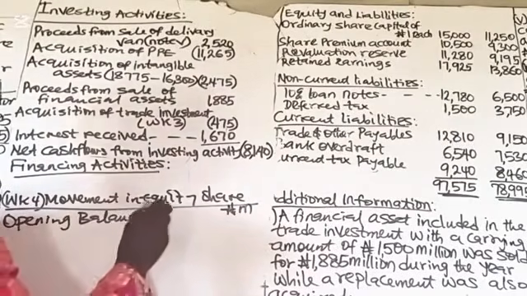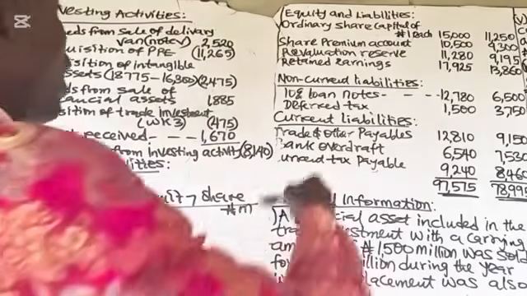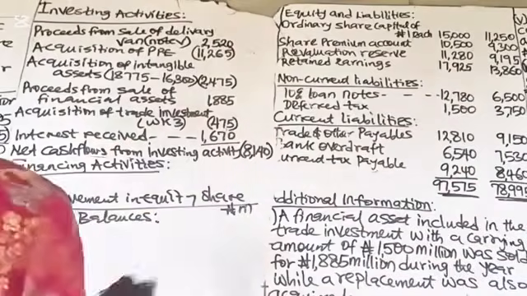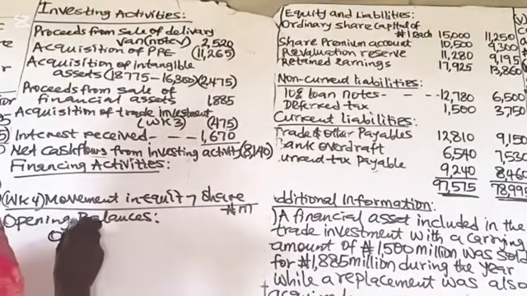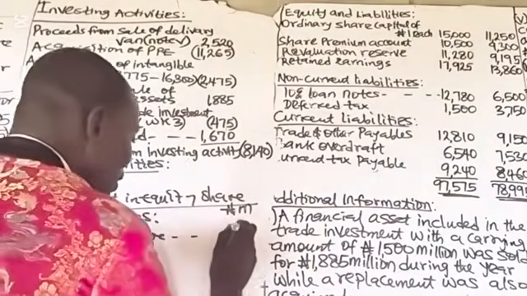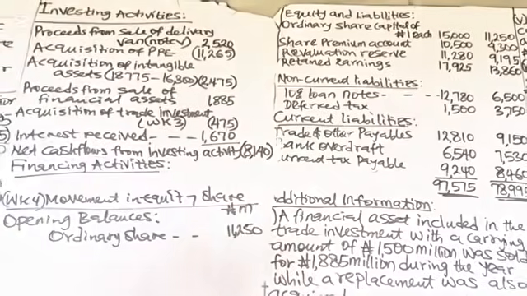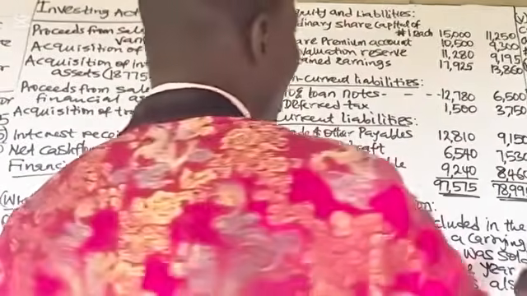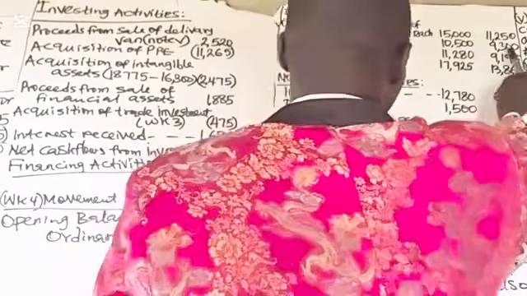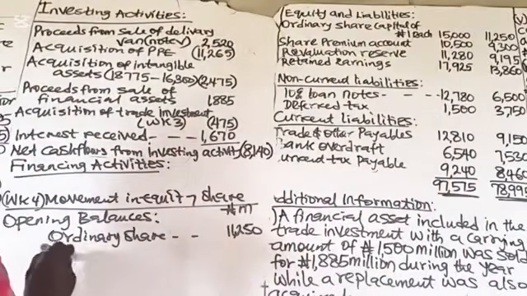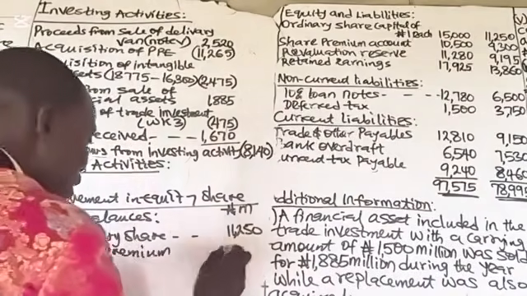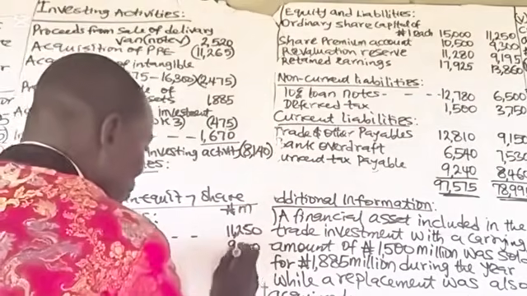And our opening balances include the ordinary share capital of 1 naira each, 11,250. Then we also have the share premium account, 9,300.